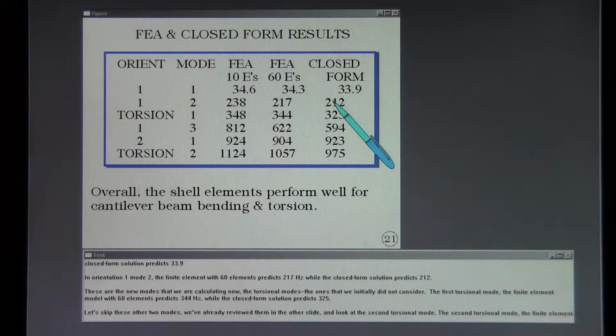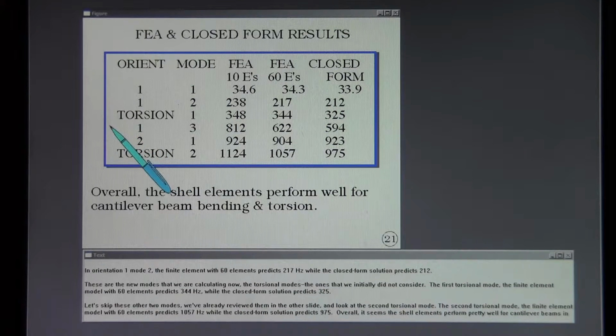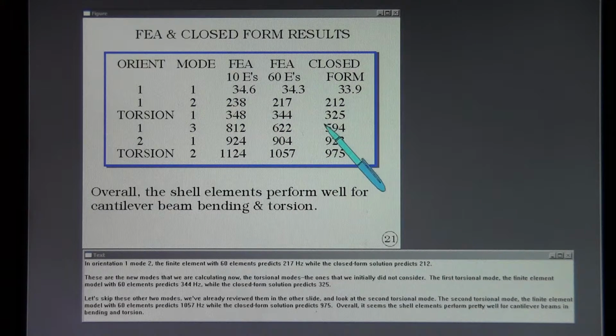These are the new modes that we're calculating now, the torsional modes, the ones that we initially did not consider. The first torsional mode, the finite element model with 60 elements predicts 344 Hertz, while the closed-form solution predicts 325. Let's skip these other two modes. We've already reviewed them in the other slide.